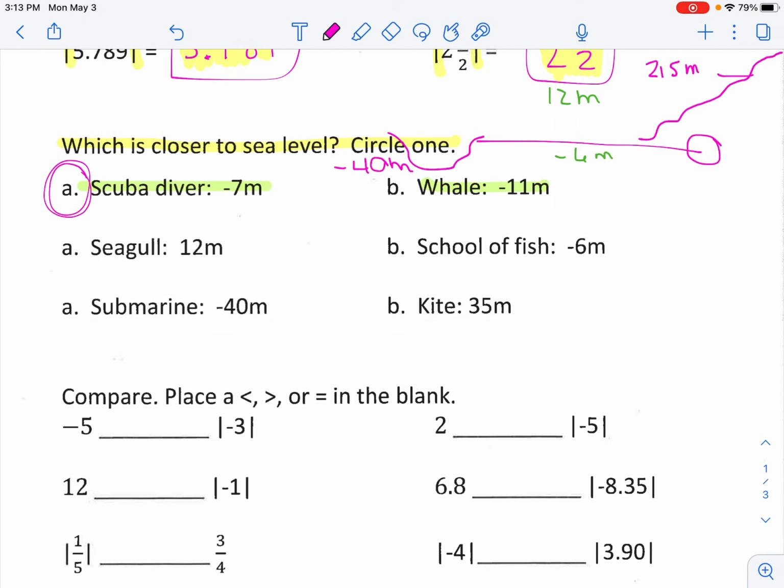So for this one, the school of fish is closer to sea level. Then we have a submarine 40 meters below the surface of the water, and then we have a kite at 35 meters above. Well, 35 is closer to 0 than 40. So the kite would be closer to sea level.